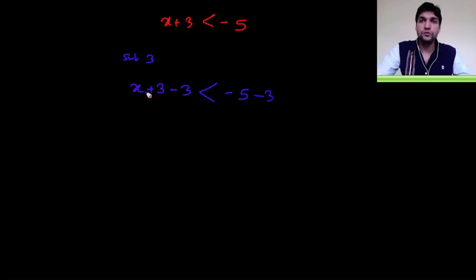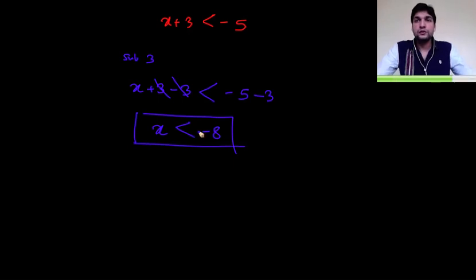This 3 and this 3, these two 3's will cancel up, and we'll have x plus 0, or simply x, lesser than as it is. Then minus 5 minus 3 will be minus 8. So this means our value x will have lesser than minus 8, or we can say it will have, if we draw the number line, let me draw the number line.